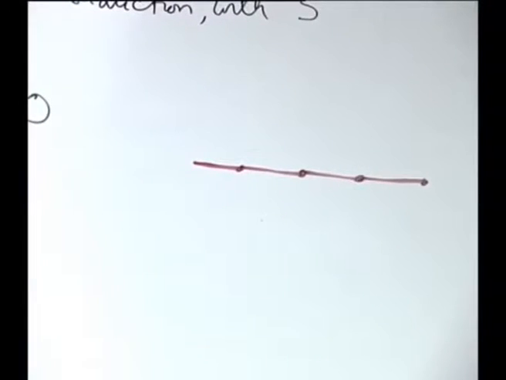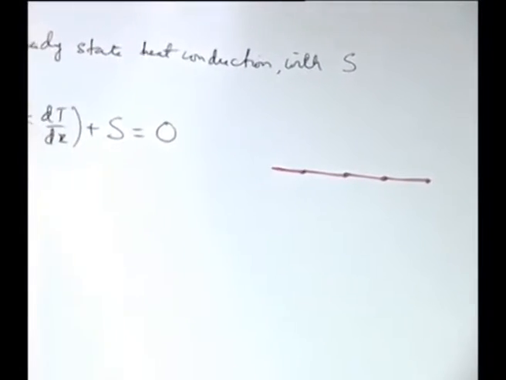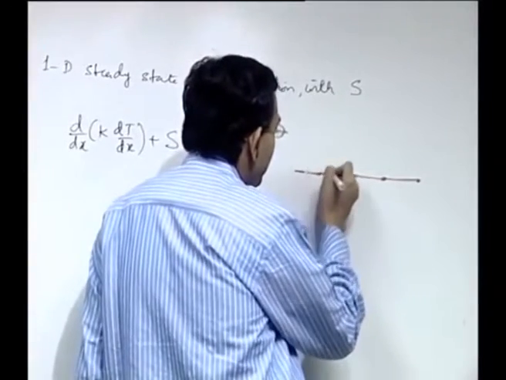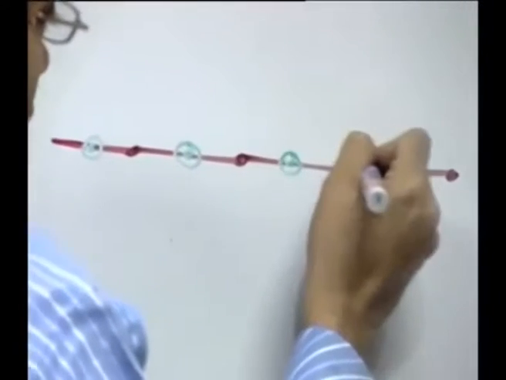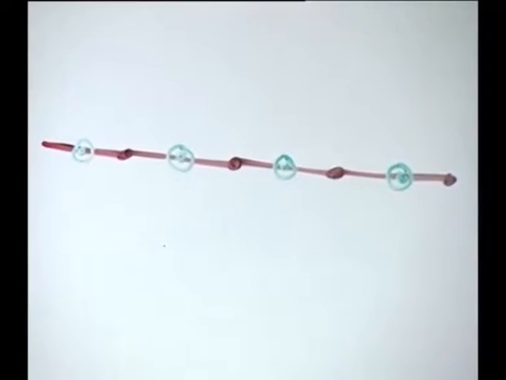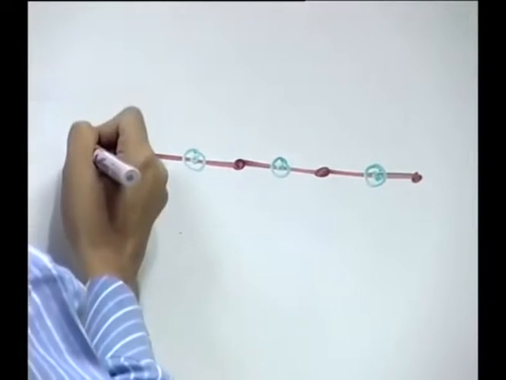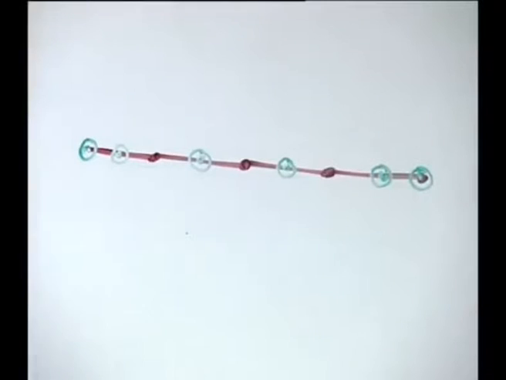Each control volume should be associated with a grid point, so the centroid of each control volume we consider for the respective grid points, plus you require the boundaries of the control volumes, because you also have to incorporate boundary conditions.